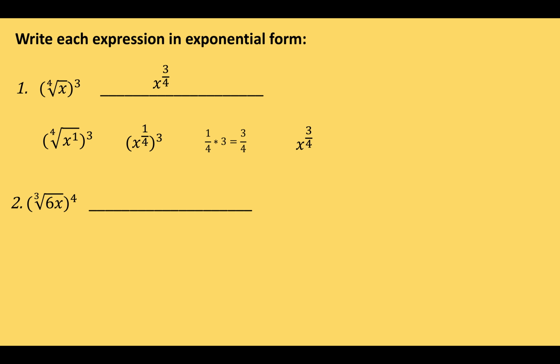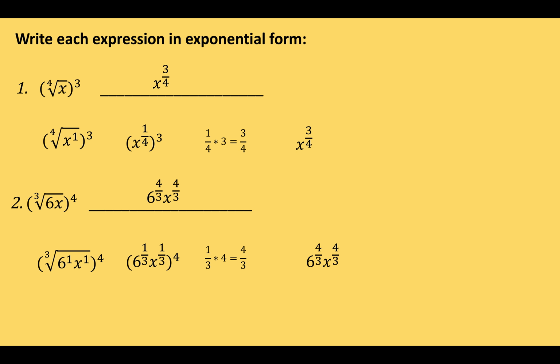For the second one, again, dealing with the inside first. So our 3 was on the outside of our radical, so it comes in as our denominator in our exponents. And then we're going to take it 4 times our 1/3. So now we have 6 to the 4/3 power and x to the 4 over 3 power.